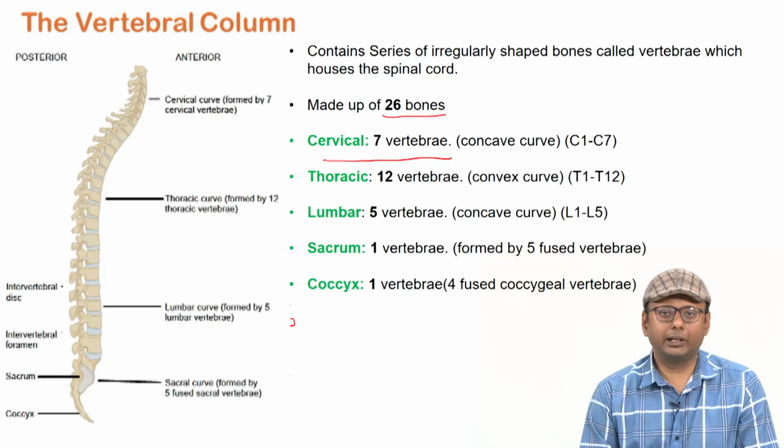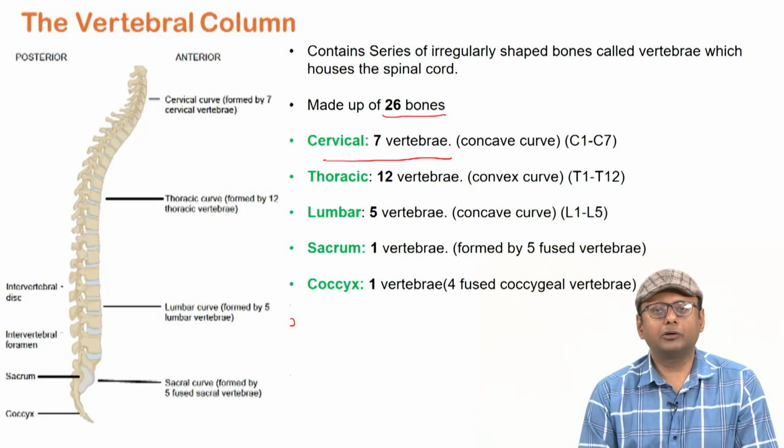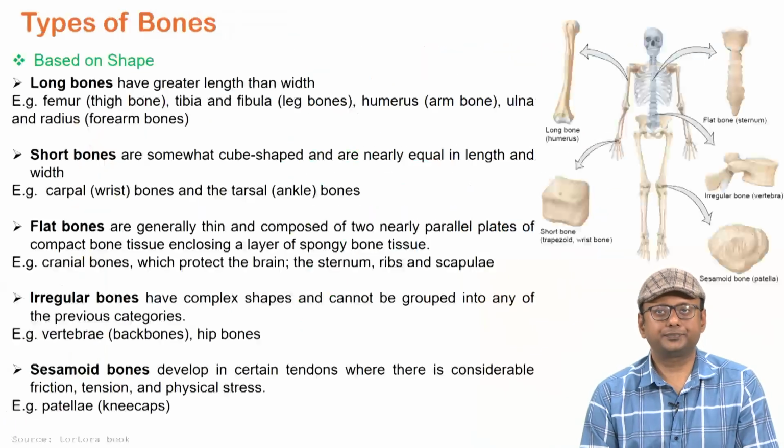This is very important, and when we study the spinal cord and the nerves, we will see how the nerves go out from these vertebrae, and their nomenclature is similar to the location of these bones. Okay, we'll see that later in our neuron and nerve classes.